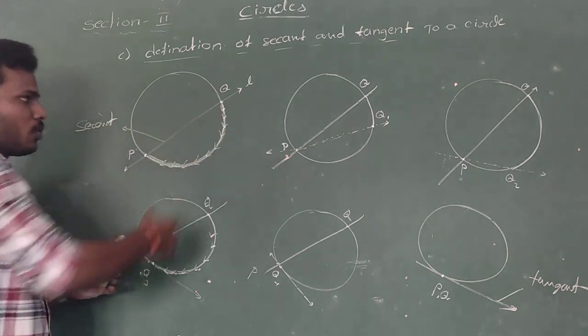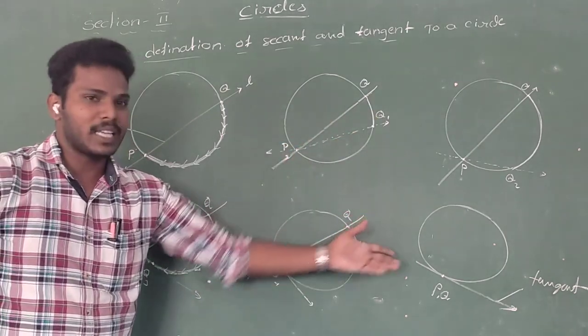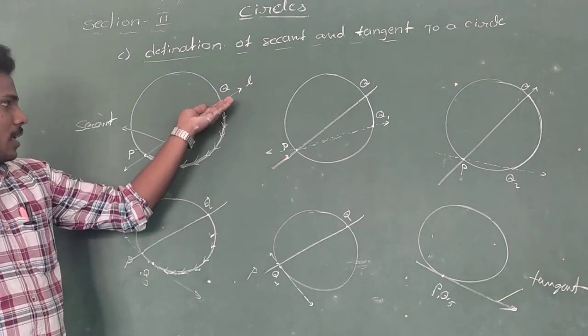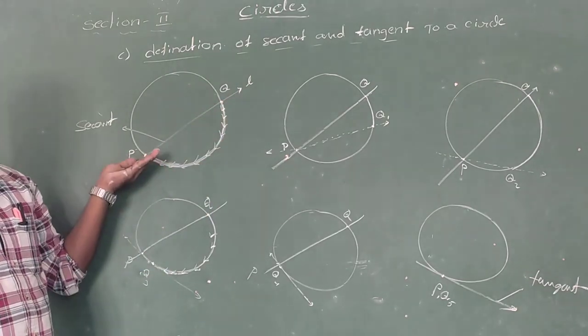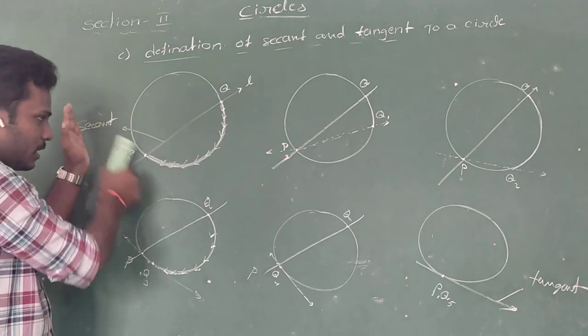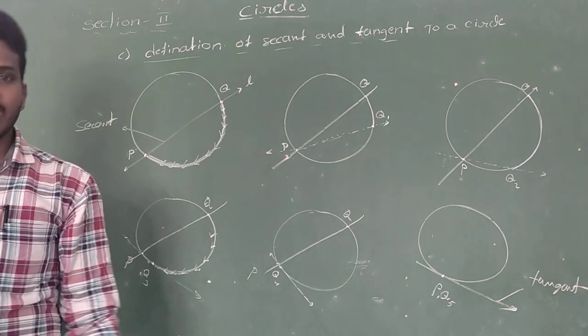Position-wise I can change the position Q1, Q2, Q3, Q4, Q5 like this. Suppose Q5. When the second point approaches to reach this point, the line also ends up in the position like this. So that's why it is called a tangent to the circle.